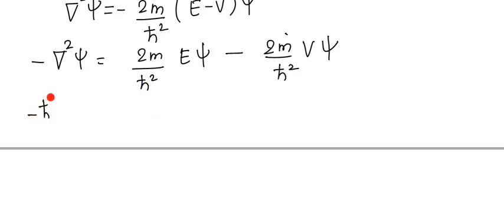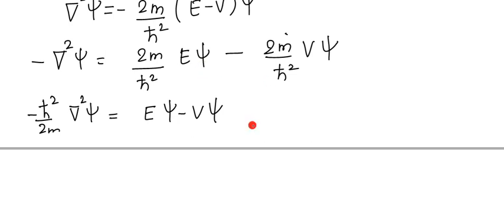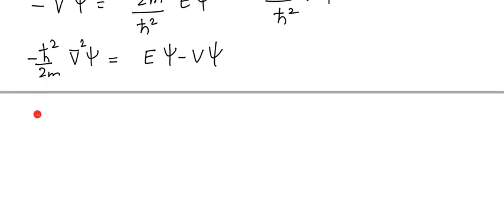Minus h cut square by 2m Nabla square is equal to E psi minus V psi. Simply, if we take this term to the left hand side, it becomes minus h cut square divided by 2m, E psi minus V psi. Okay, now put the value.